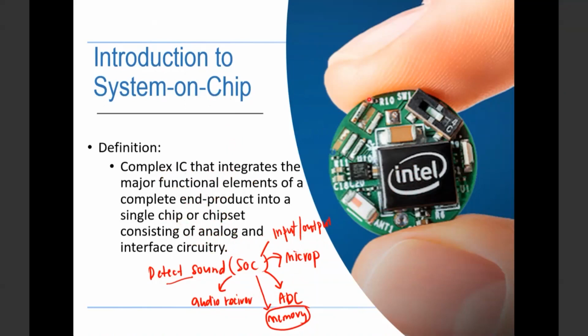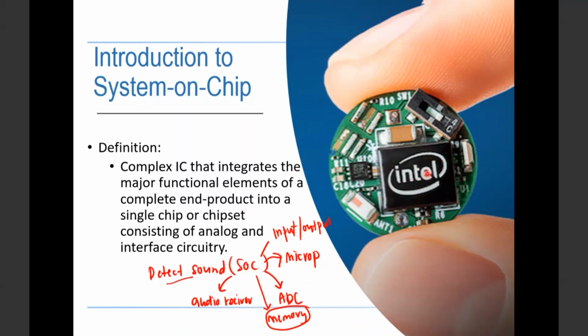These are examples. You can see here an example, the Intel Curie. It's a system on chip. The size of this SOC processor is the size of a shirt button, but inside here it includes everything required to provide the compute power for the wearable device.